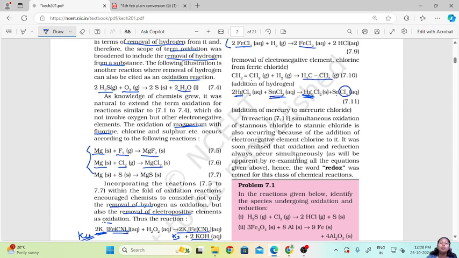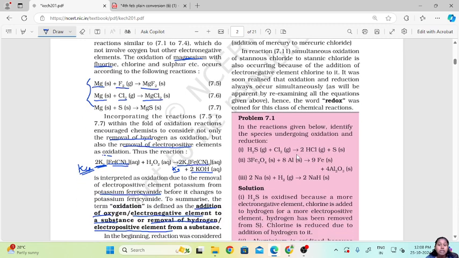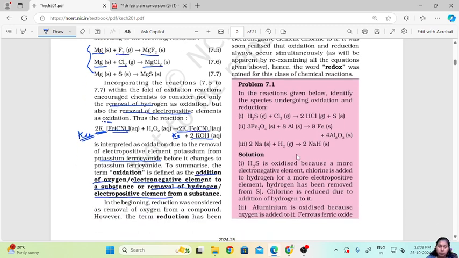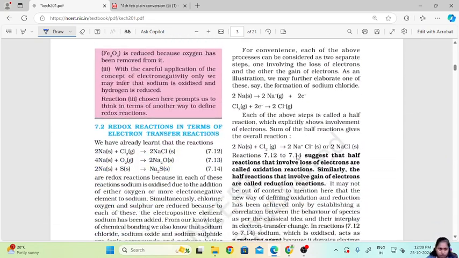Addition of two more electronegative atoms is involved. So in a reaction, if there is a reduction taking place, there is oxidation also taking place simultaneously. So hence the word redox was coined. Redox means reduction and oxidation. It was coined from a class of chemical reaction where both oxidation and reduction take place simultaneously.